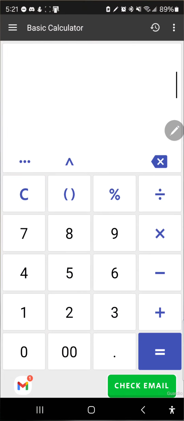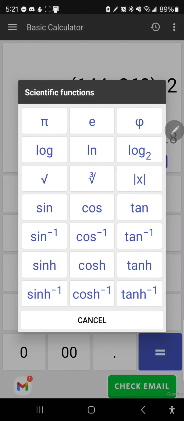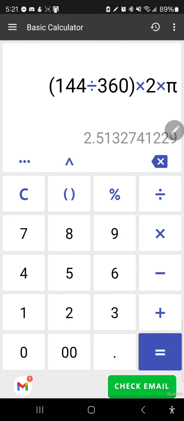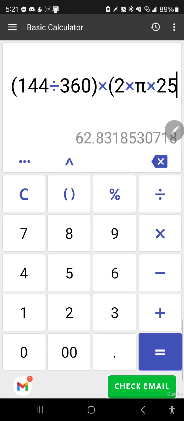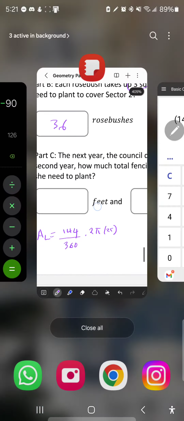So I have 144 over 360 times 2 pi, and the r is 25. So 2 pi times 25, and that's approximately 62.84. Remember, we are rounding up because we need fence. I explained before. So 62.84.